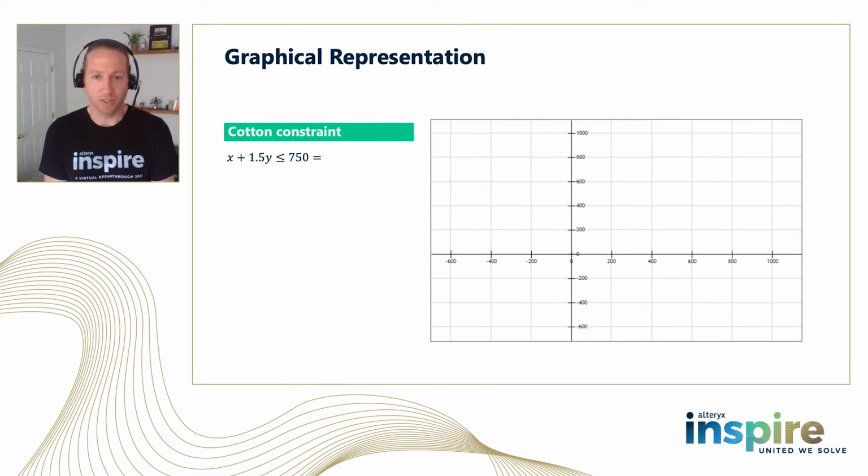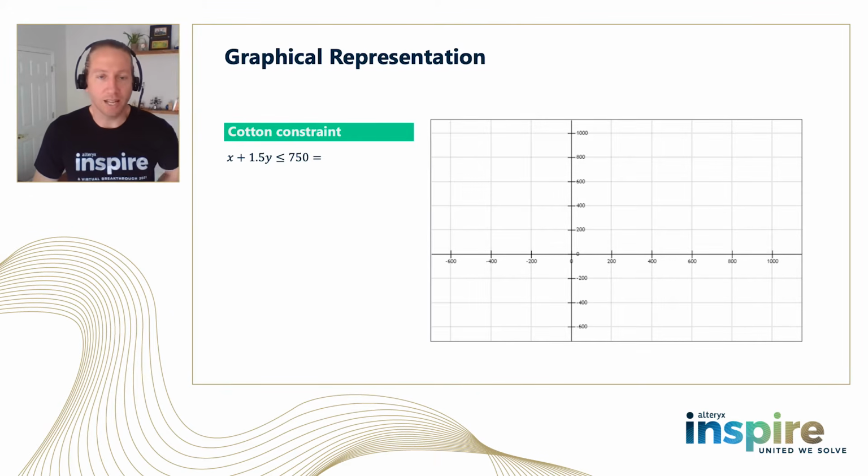So y is our value on the y-axis, equals m is the slope of our line, x is the value on our x-axis, and then b is the y-intercept, so where the line crosses the y-axis.